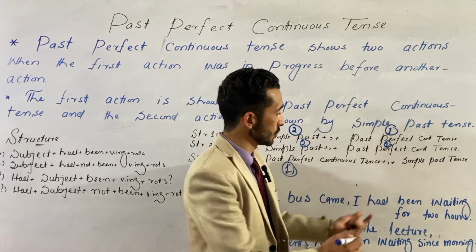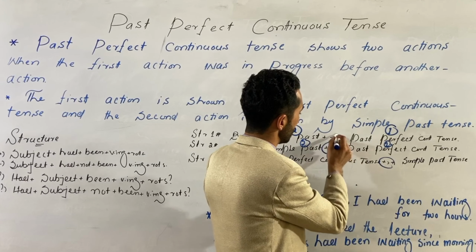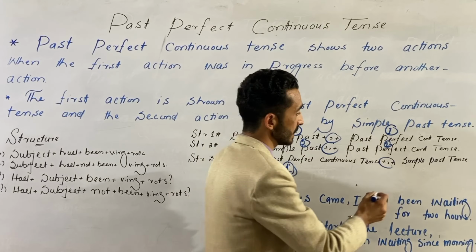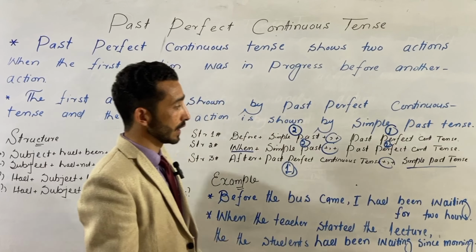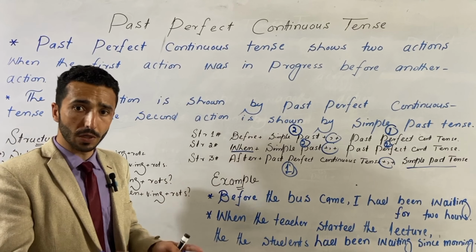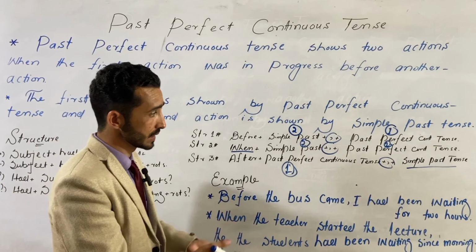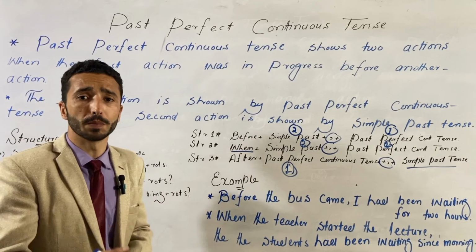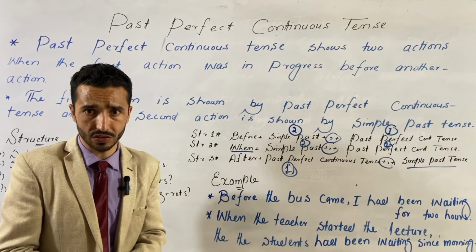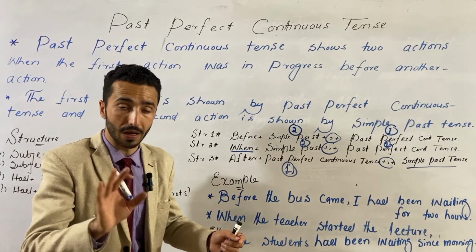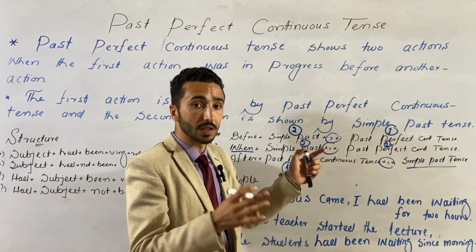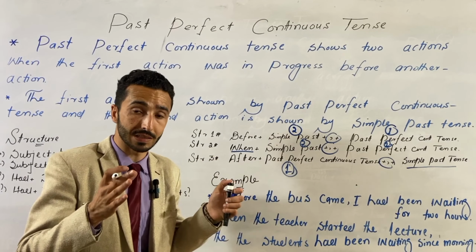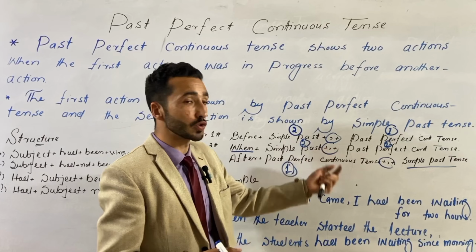Then do not forget to use a comma between the two clauses. If you want to change the position, you may also use past perfect continuous tense or past perfect tense first, and then simple past tense. If the conjunction comes between the two clauses, we are not supposed to use a comma anymore.